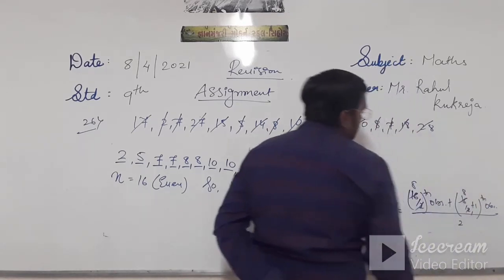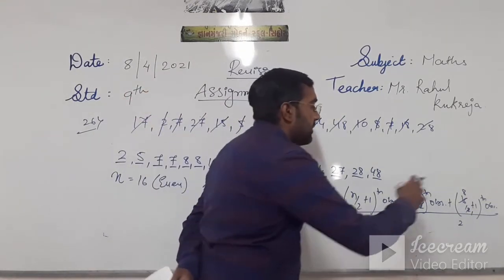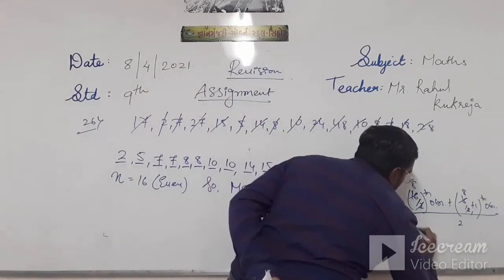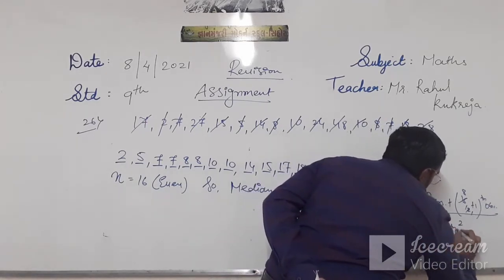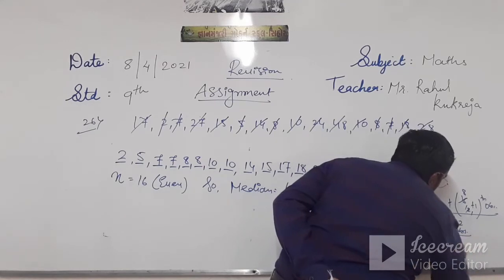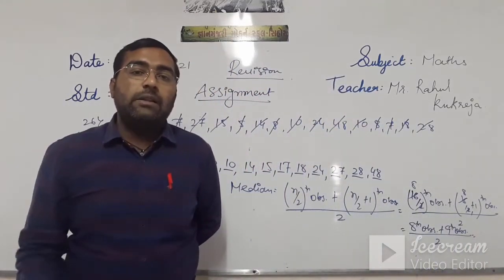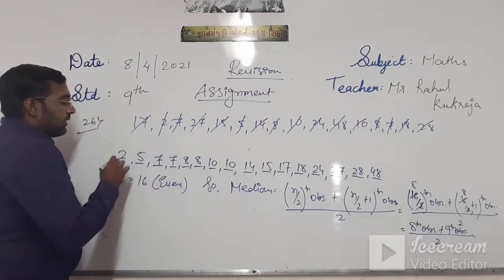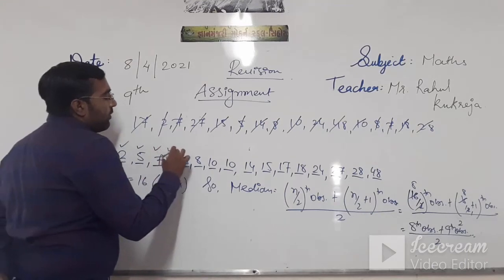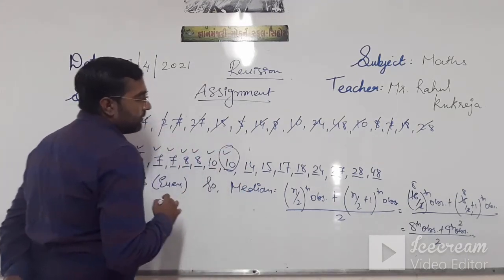So therefore the 8th observation plus 8 plus 1, the 9th observation, divided by 2. Now the 8th observation, counting from the first: 1, 2, 3, 4, 5, 6, 7, 8. The 8th observation is 10.